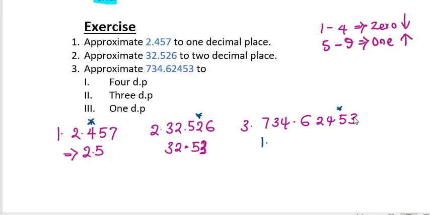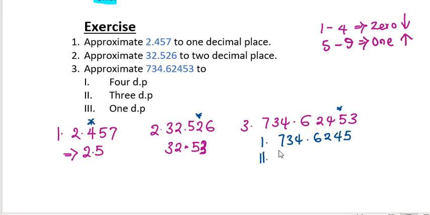Approximate 3, so you have to round 3 down because it's between 1 and 4. So 0 plus 5 is the same thing as 5, it doesn't change. So for I, we have 734.625, because when you round this down, 0 plus 5 is the same thing as 5.